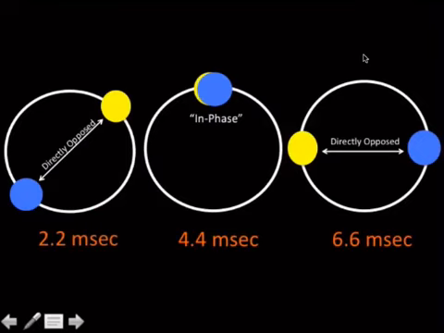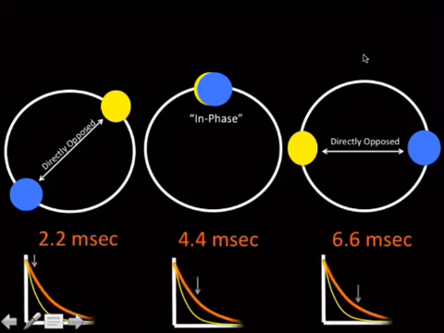So let's contrast the fat signal dropout versus the signal dropout that occurs with T2 star effects. So we said that the signal drops out with fat and water as the runners become 180 degrees apart from each other on the track.